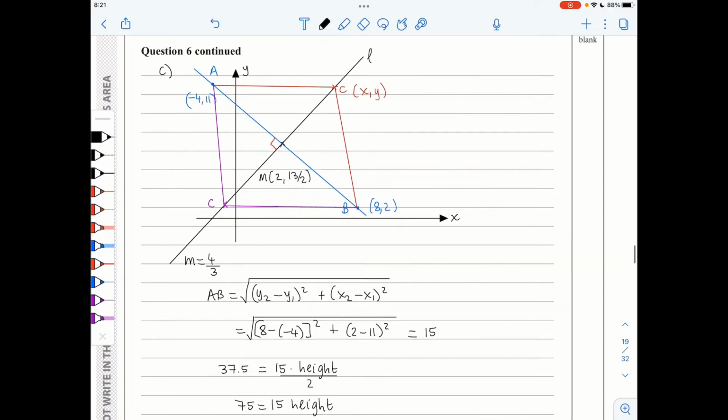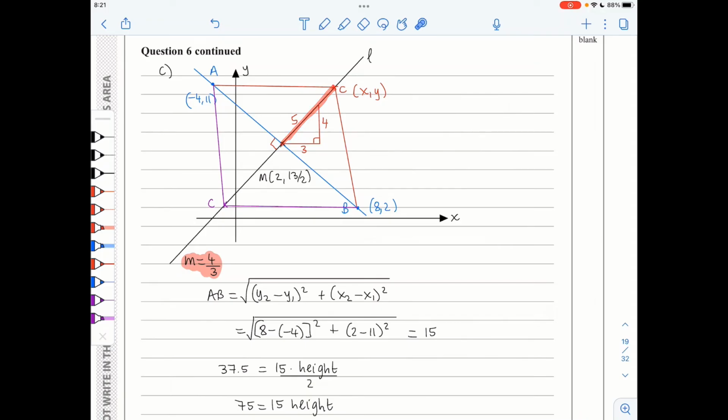Now the height is simply the distance here. And I just need to focus for a moment on the fact that the gradient here is 4/3, which means that the rise over run is 4/3. So if I was to draw a right angle triangle here, this is the rise and this is the run. And it's a 3, 4, 5 triangle, which is really helpful in the sense that I wanted the hypotenuse to be 5.